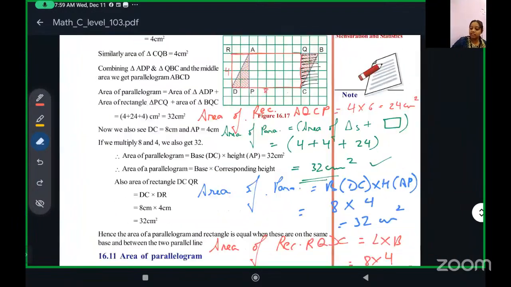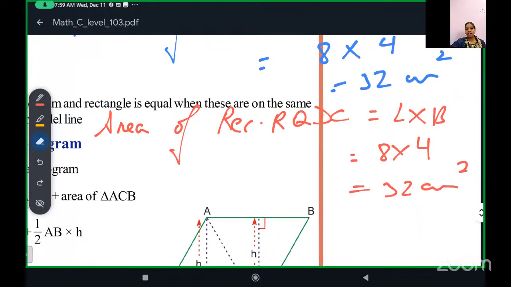Then the third one is there. You include the area of this side, and then you add that thing here, and then find the area of the rectangle only, length into breadth. That thing is also there, but again, this one might be wrong.